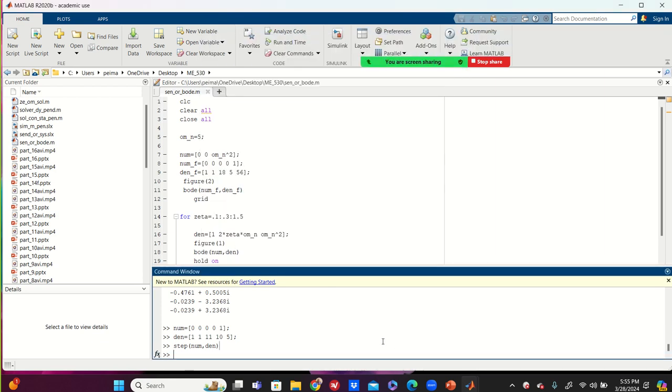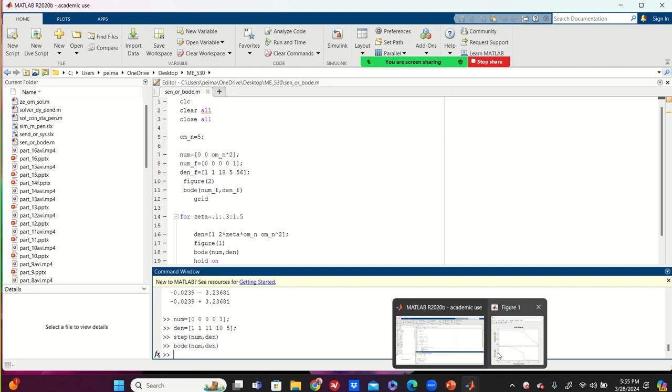Even if you want to go for Bode of this kind of system, I mean the frequency response, I mean input to the system is not the step function, it's the sine omega t. As long as your system is stable, here we go.